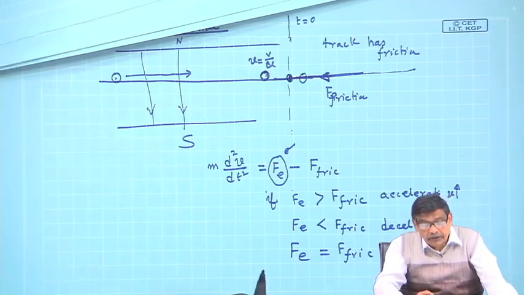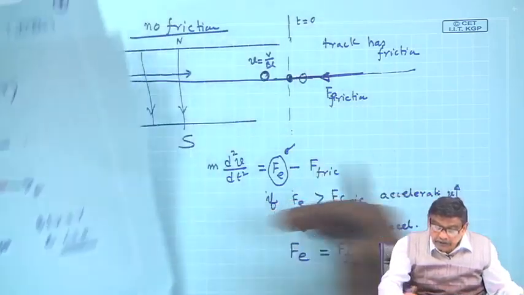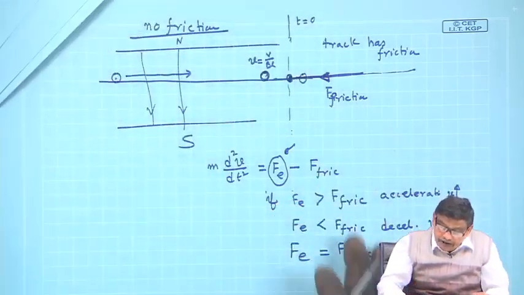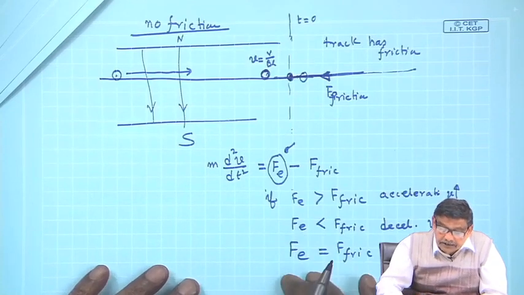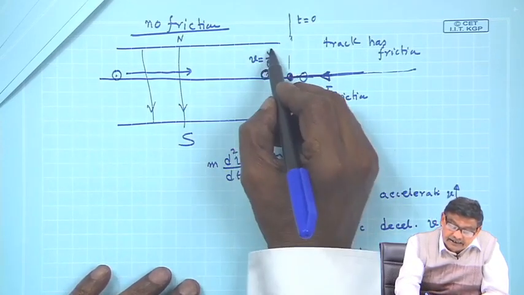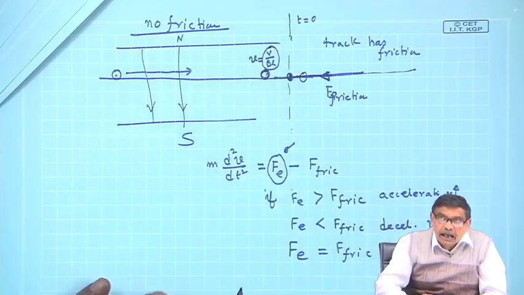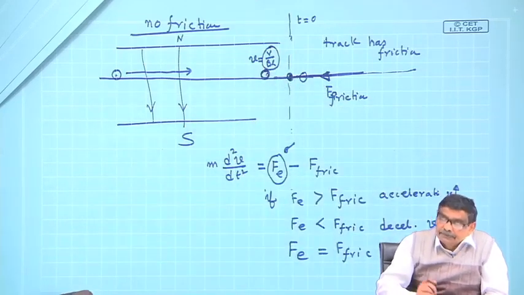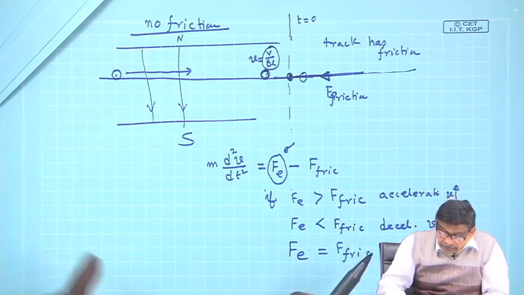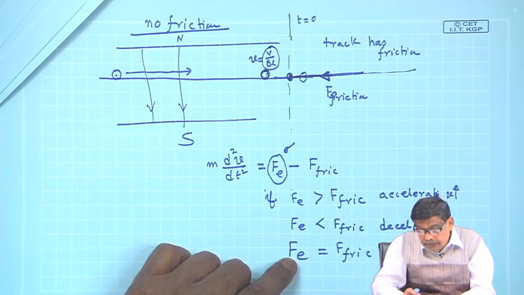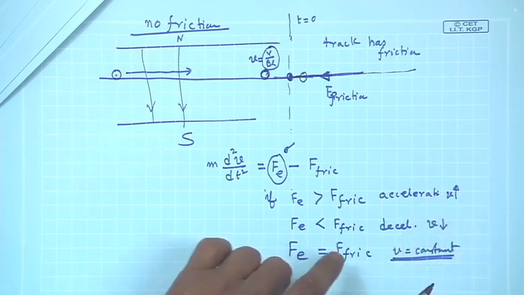Understood? Therefore, in presence of a constant opposing force, finally the conductor will settle down to a velocity which is less than its capital V by BL value, and it will pick up such a speed that enough current flows so as to make BIL equal to F friction.